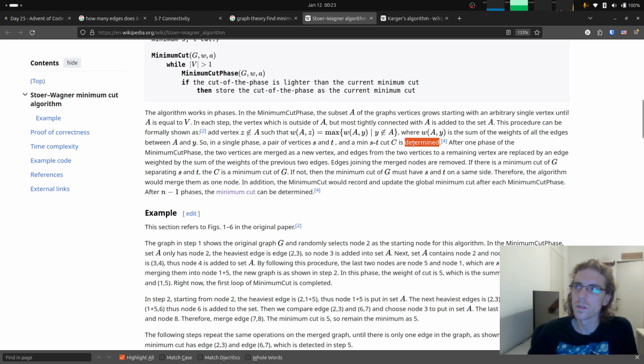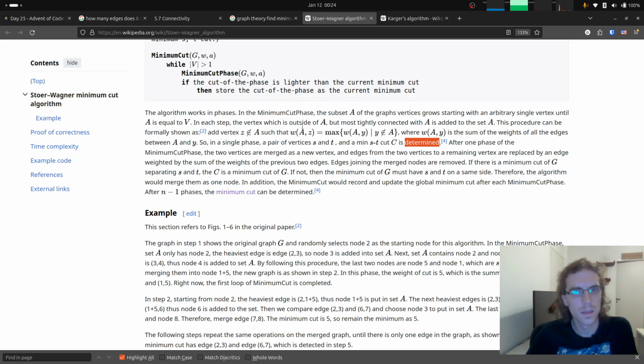Because you're starting with a vertex, and then you add the vertex that is most tightly connected to that whole subgraph, I guess. And since it is the most tightly connected, surely those things won't be part of the minimum cut set.